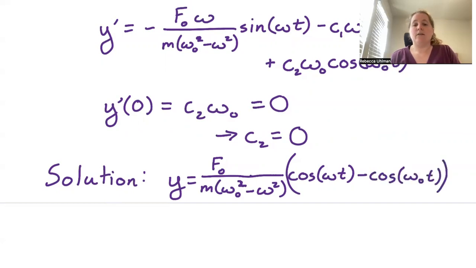And so the coefficient in front of the cosine omega naught t was the same as the coefficient in front of cosine omega t, except for a negative. So if we factor that out front, we just have cosine omega t minus cosine omega naught t. And so we get this as our ultimate solution in the case where omega is not equal to omega naught.